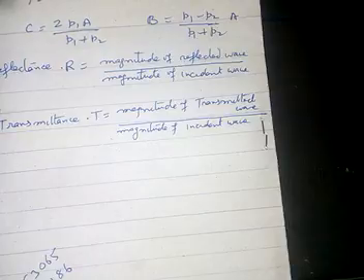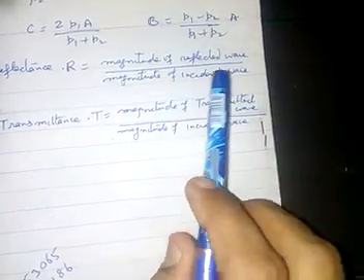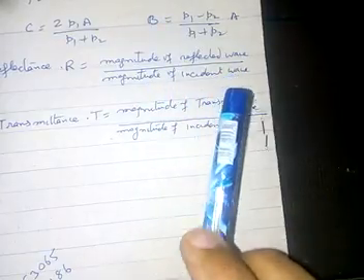The reflectance or reflectivity or reflection coefficient and the transmittance or transmittivity or transmission coefficient at the potential may be defined as follows. The reflectance, that is the fraction of electrons reflected, is equal to the ratio of reflected current to the incident current. So we can write reflectance R equal to the magnitude of the reflected current upon the magnitude of the incident current.